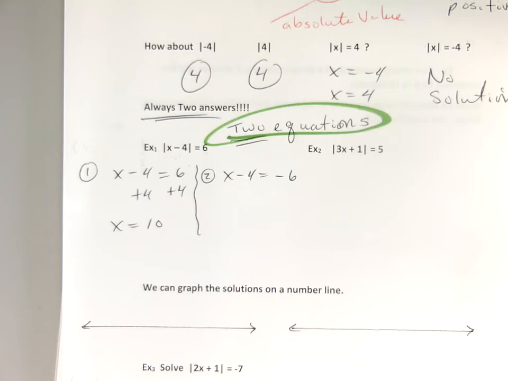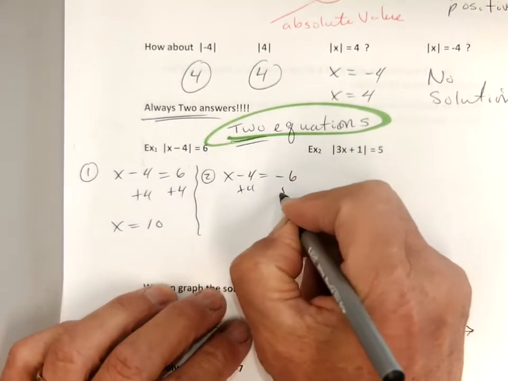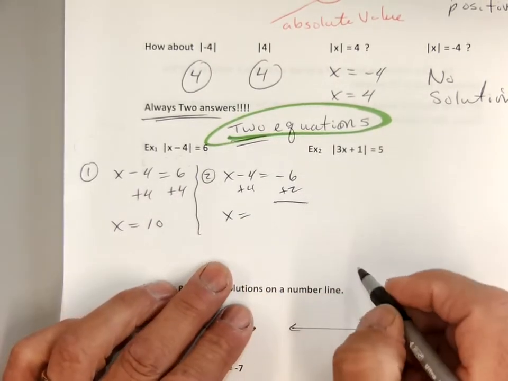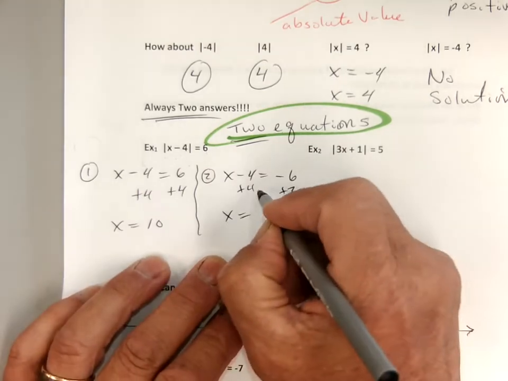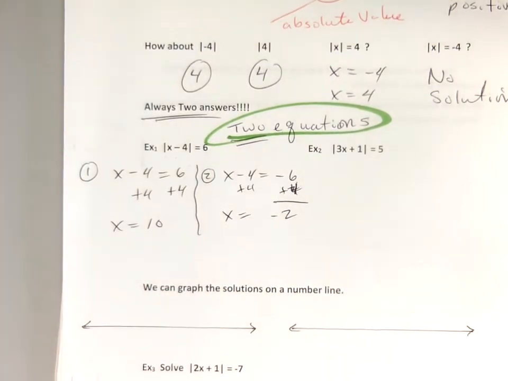So on the second one, I'm going to go plus 4 plus 4. And I get x equals what? Negative 4, sorry. Negative 2, okay? Now that seems like a weird answer, but let's check it. Everybody watching?